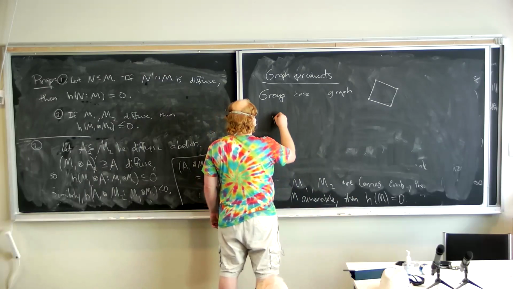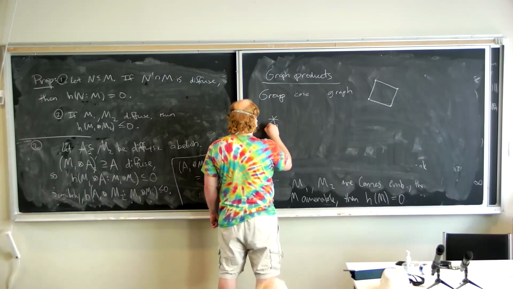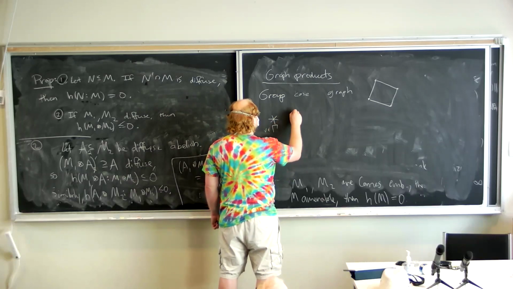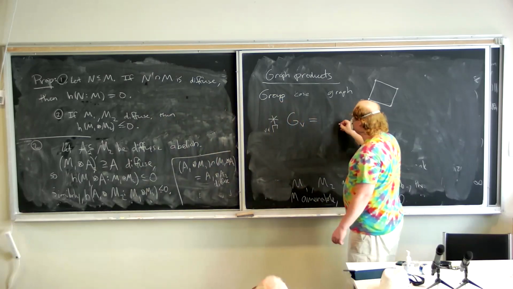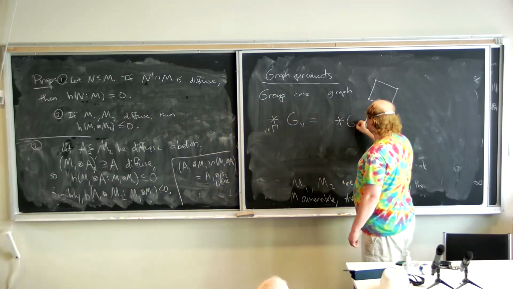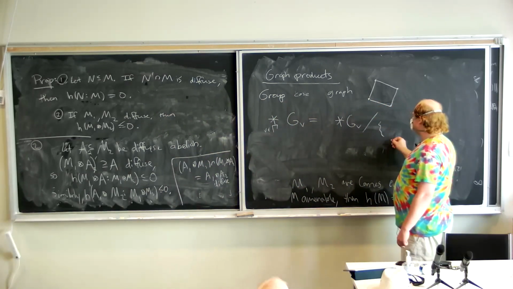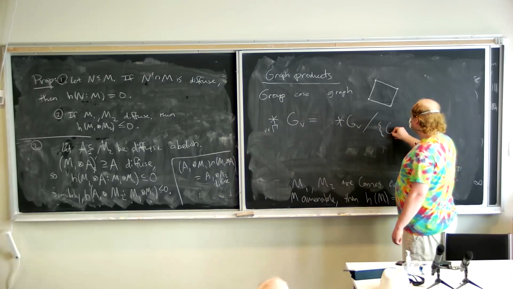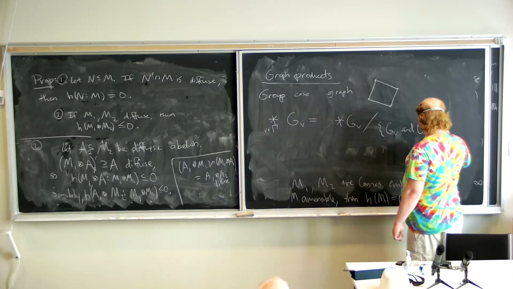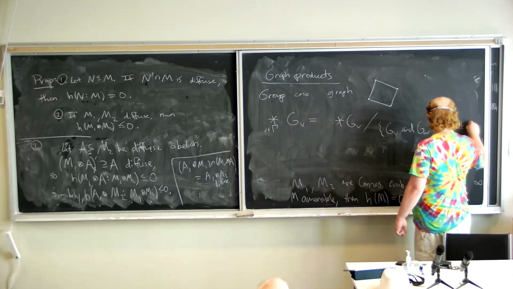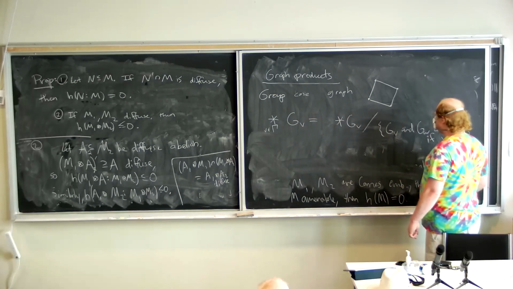Then the graph product, let's call the graph gamma, the graph product over the vertices of the graph of groups would be: you take the free product of these groups, and then you quotient by the relations that the copies of GV and GW commute if the vertices are adjacent.